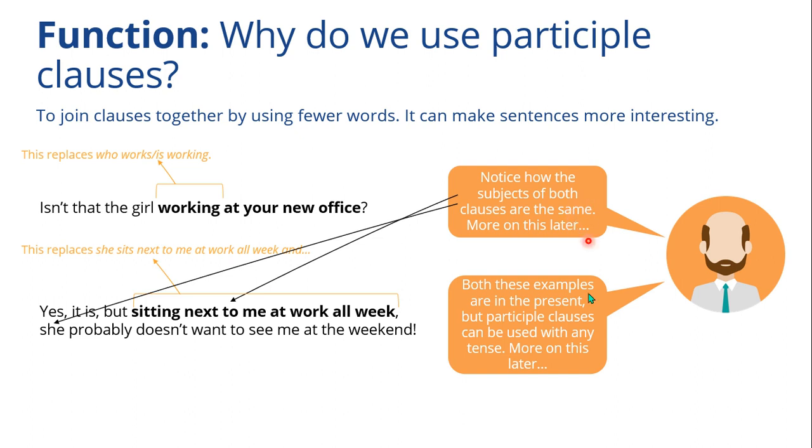This is similar, right? Both these examples are in the present, isn't it? Yes it is, this is sits. But participle clauses can be used in any tense, future, past, or present. And that is our discussion, after that come the exercises.